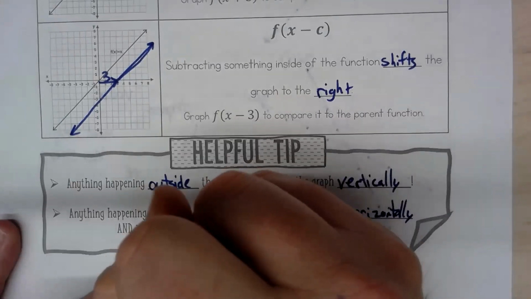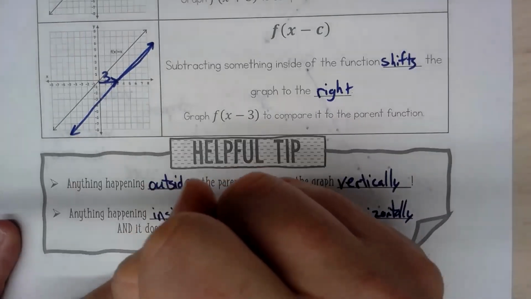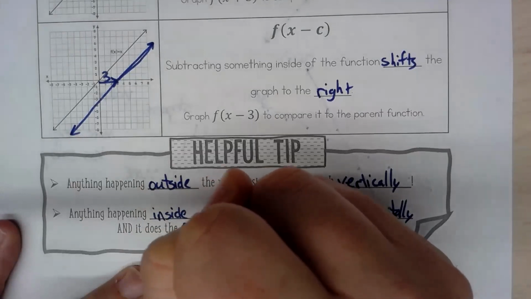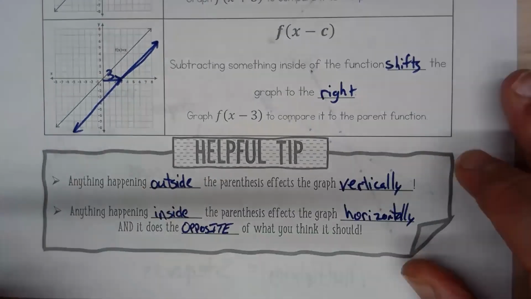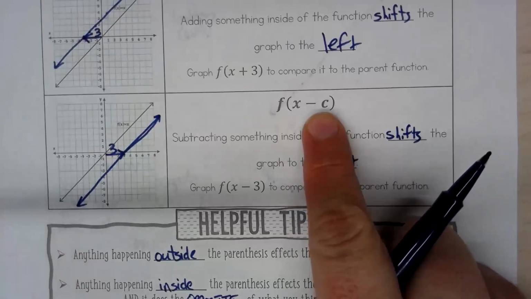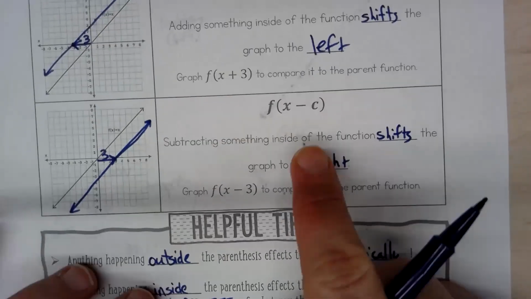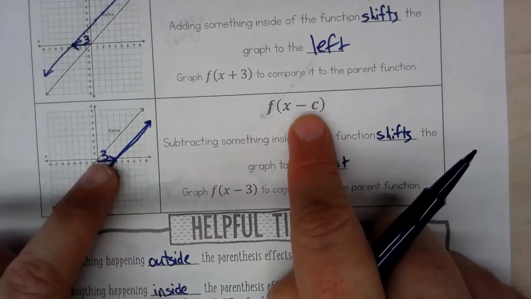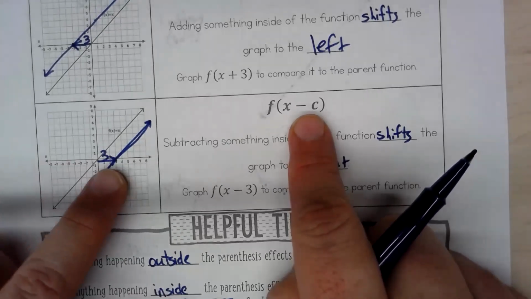And it does the opposite of what you think it should do, right? When it's x minus, in my head, I go, all right, everything inside's horizontal, but everything inside's the opposite. Minus should go left, but it doesn't. It goes right 3.